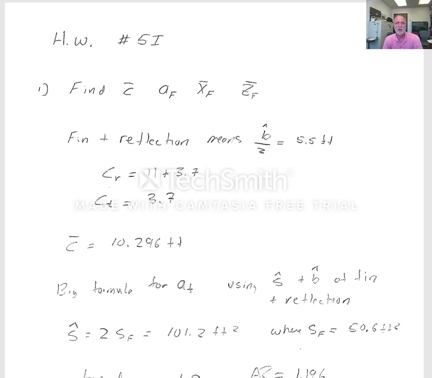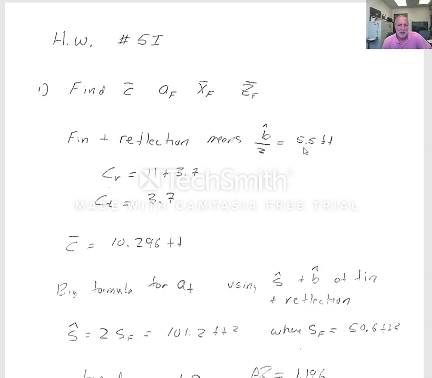All right, so starting with problem number 1, your job is to find C-bar, the lift curve slope of the fin, and the location of the aerodynamic center, X and Z, of that fin. As it states in the homework, you're going to assume that B over 2 is 5.5 feet.